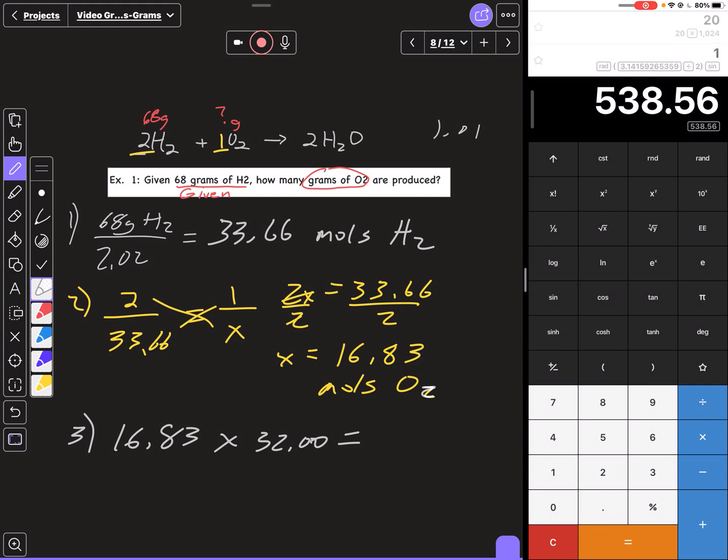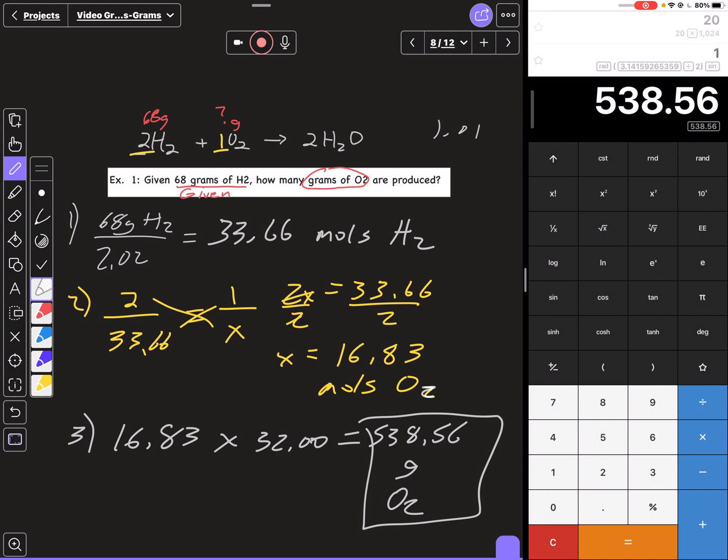That equals 538.56 grams of O2. So basically this problem is saying if I have 68 grams of H2, how many grams of O2 react with it? Well, it'd be 538.56 grams. So, three-step problem.